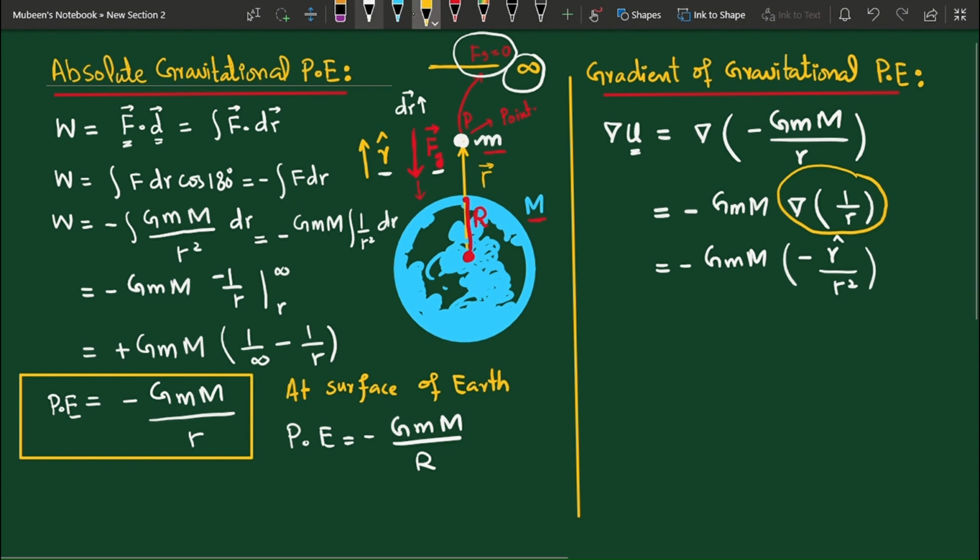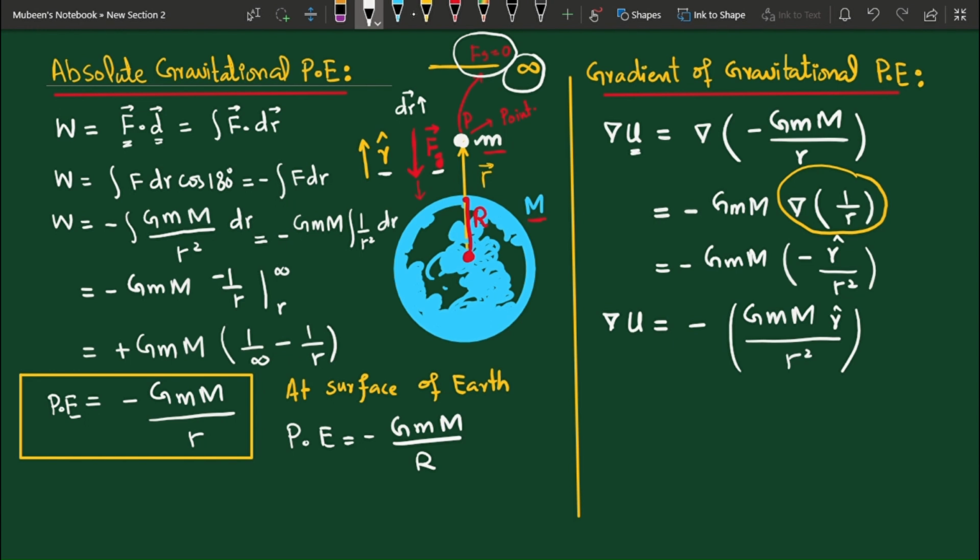Now we discuss this. The del operator of absolute gravitational potential energy is equal to minus capital G small m capital M R unit vector over R square, which is the gravitational force, which is downward, hence this minus sign. The gravitational force is downward and R unit vector is upward.